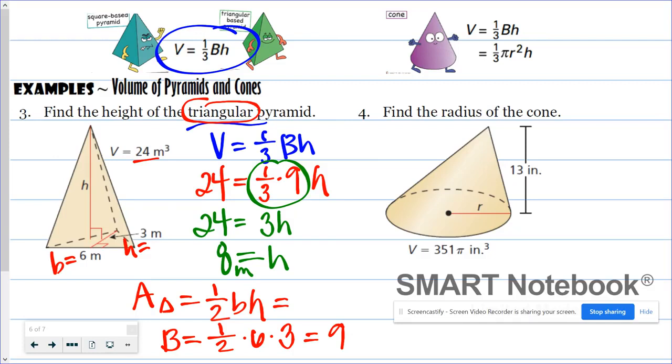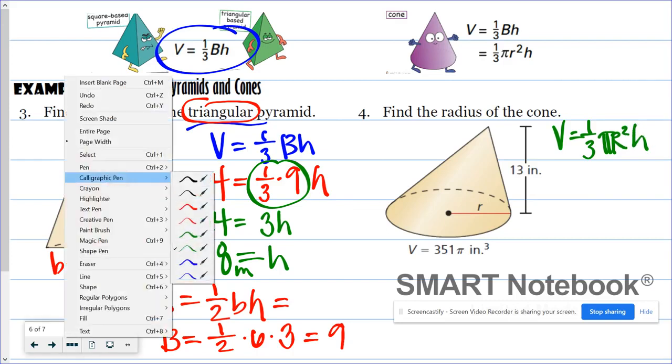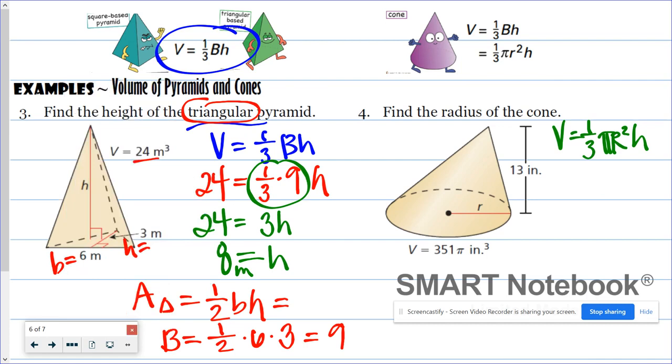So in number 4, we're working with a cone. It says find the radius of a cone. Well, I know that the volume of a cone is equal to 1/3 pi r squared times h. So that's my formula. So now I'm going to substitute in what I know. I know the volume of this cone is 351 pi.